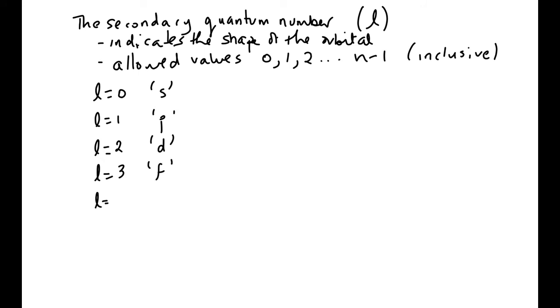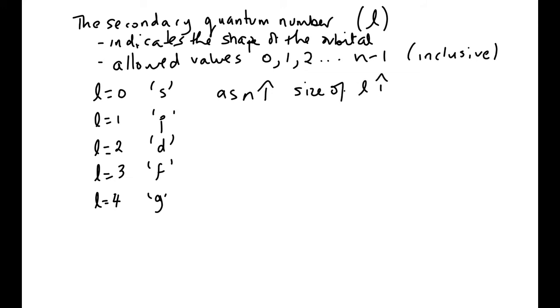And if L equals 4, we call it a g orbital. These do not mean that the shape is actually an S, a P, a D, an F, or a G. That's just the names. As the principal quantum number increases, the size of L will increase as well.